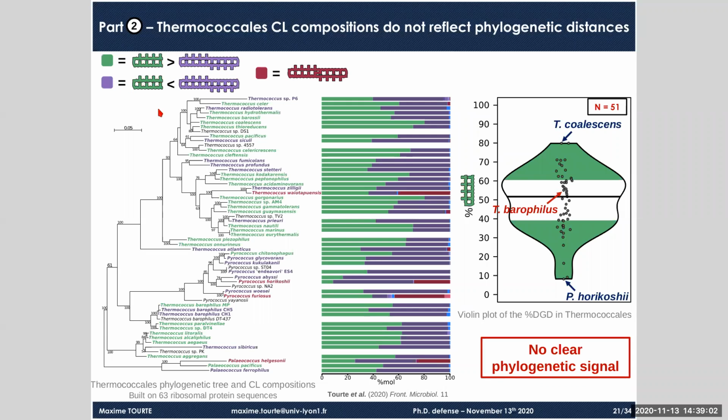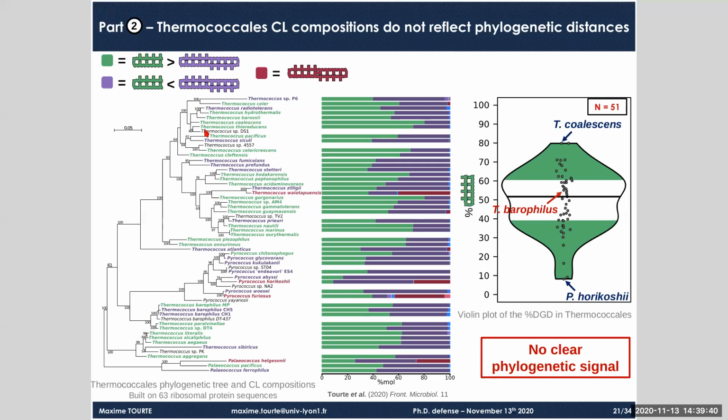In purple, those that produce more tetraethers than diethers. And finally, in red, those that produce large amounts of this monoalkyl tetraether. When we superimpose these groups on the phylogenetic tree of the Thermococcales, we can see that the colors are quite randomly distributed in the tree, which suggests that there is no clear phylogenetic signal in the lipid composition of these strains. And so closely related strains of Thermococcales don't necessarily have similar lipid composition.